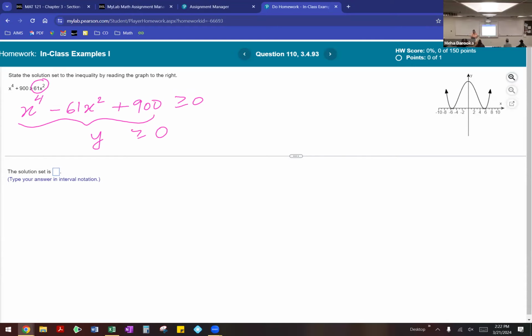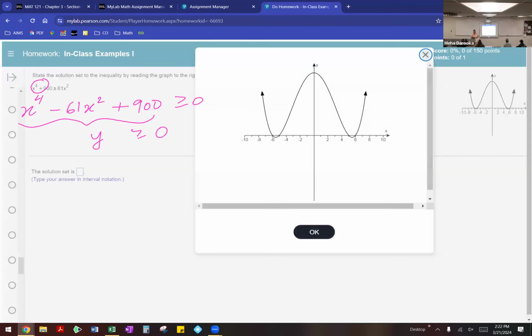So what will that look like with our graph? So like I said, we're interested in where the y value is going to be a positive number and where the y value is going to be greater than 0. So any place where the y value is going to be a negative number, we leave that out, right? So anything that falls below the x-axis, that's where we know our y value is going to be negative.